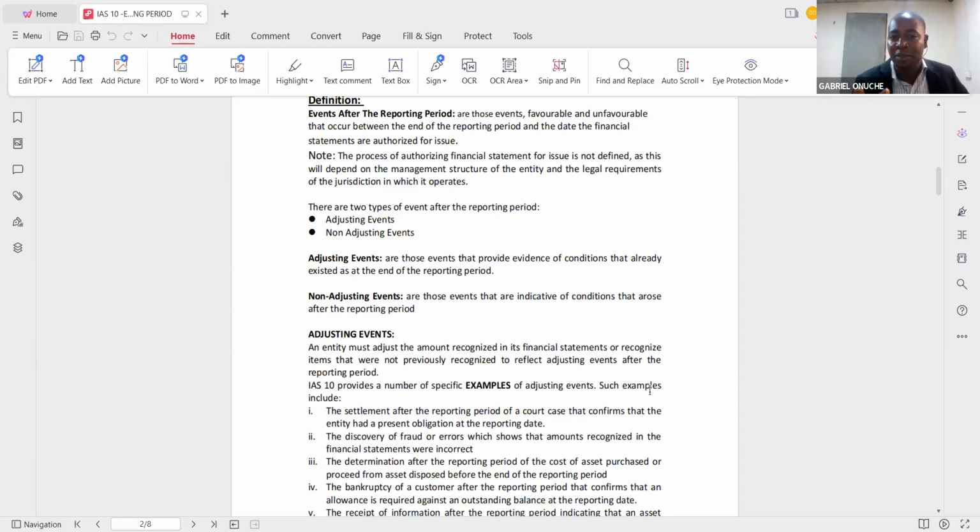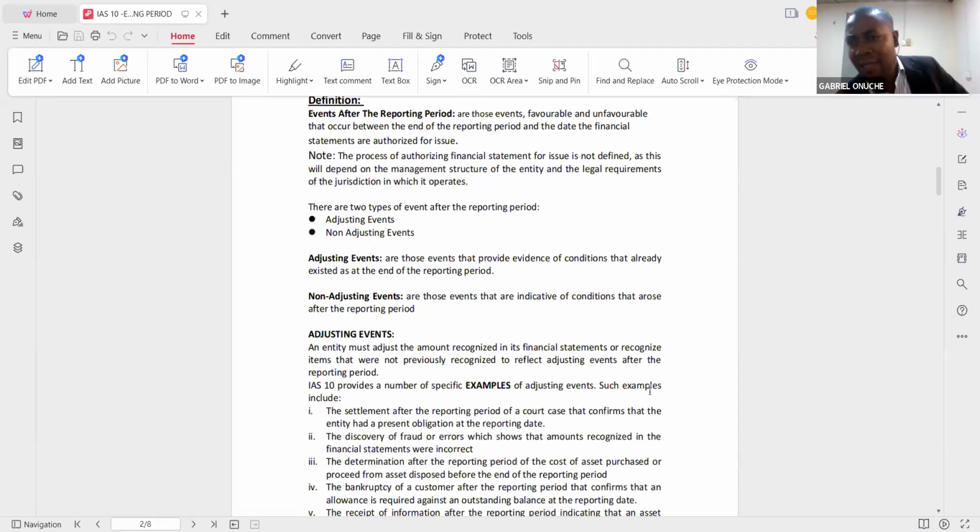That is what the standard says. So the standard did not prescribe a specific process. It all depends on the company structure, or on the legal requirement of the environment in which the company operates. So please, let's take note of that.